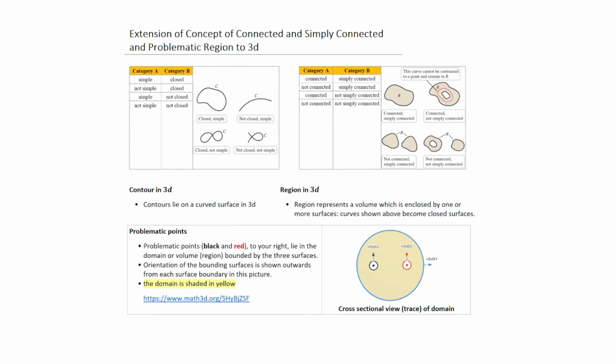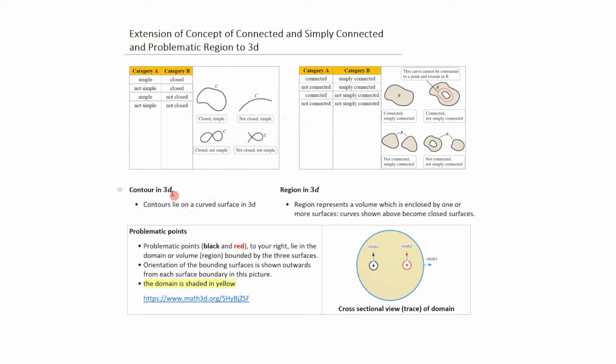All right, how do we extend the concept of connectedness, simply connected, and problematic regions to 3D, which means applying the divergence theorem and Stokes' theorem? So I've just repeated the figures here, and I'm going to make an assertion that in 3D, we basically are just talking about the geometries being different, but the concepts being more or less the same.